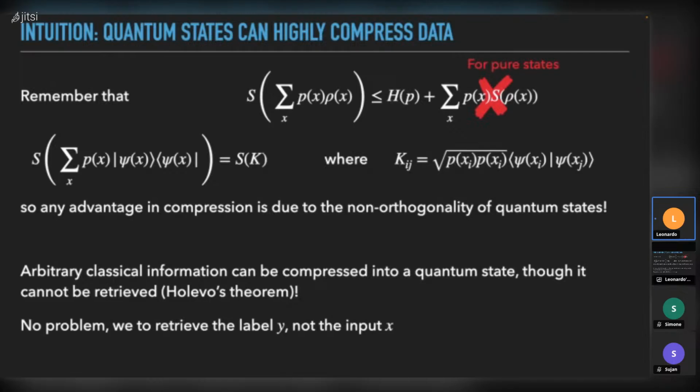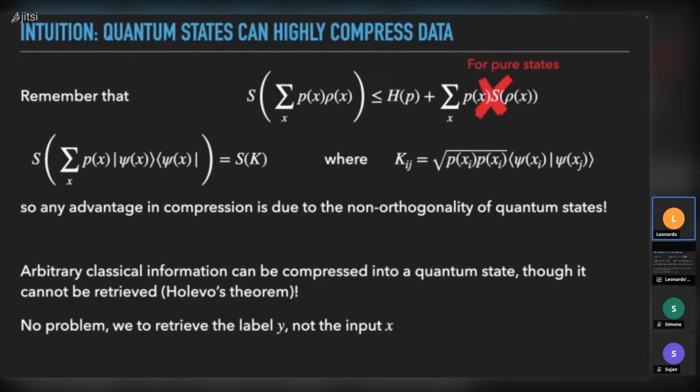And so this quantity can be smaller than this when? Well, when basically we are encoding information into some non-orthogonal states. So why is this important? Because you know that somehow even a single qubit has basically infinite capacity to represent your data points.